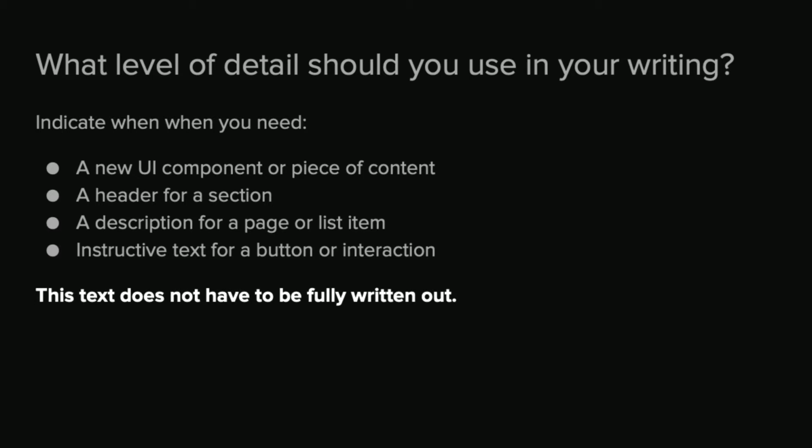So your content outline can indicate when there are different pieces of content in different UI components, when you need a header for a particular section, when a description for a page or list item is needed, when a user needs instructive text for a button or interaction, and none of this needs to actually be written out, just indicated that you need it.